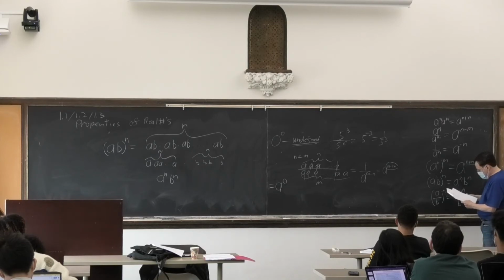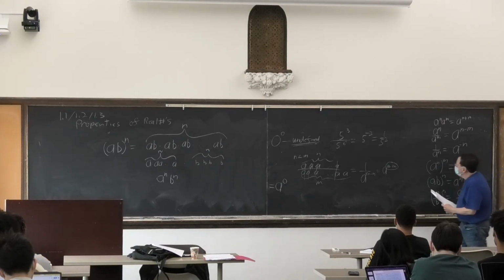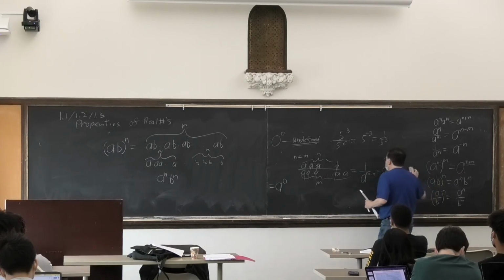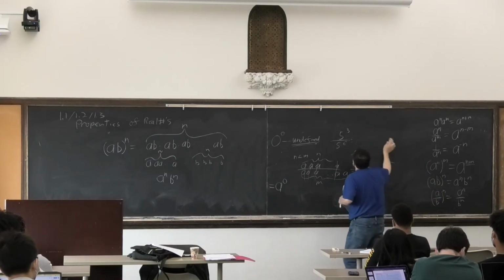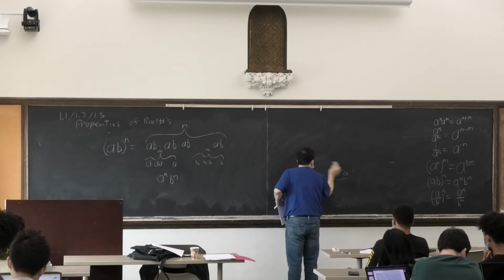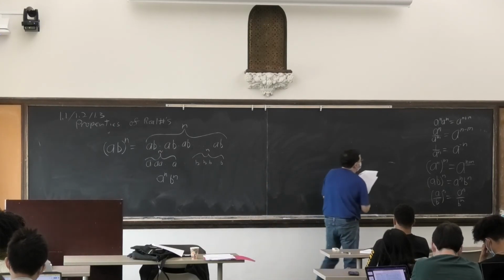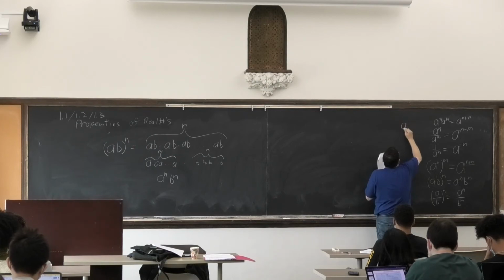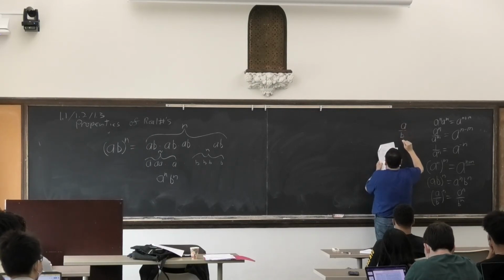And the last rule I want you to look at, which I'm really not going to go into great detail, I think I mentioned this already, is what happens if you get a over b to the minus n.